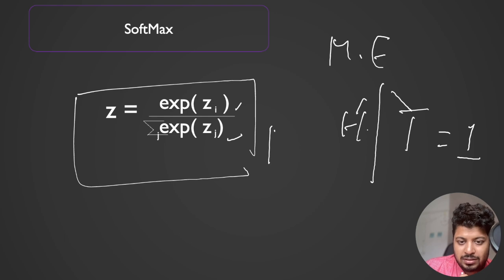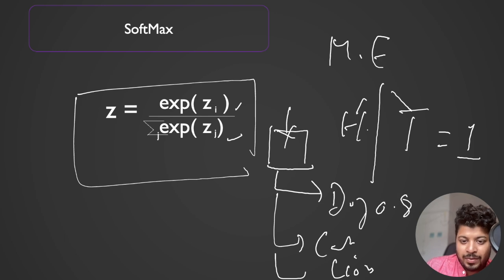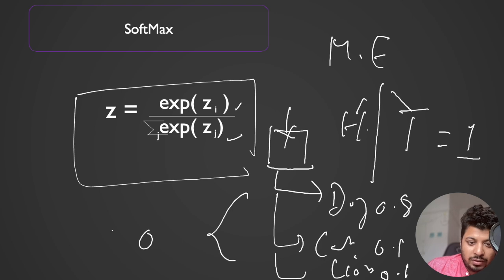For example, this is an image in front of you, and on top of this image you want to do a classification, and the class may be either a dog, a cat, or a lion. If the probability of this image being a dog is 0.8, then the probability of it being a cat should be 0.1, and the probability of it being a lion is 0.1. So the sum of all the events here will always be equal to 1.